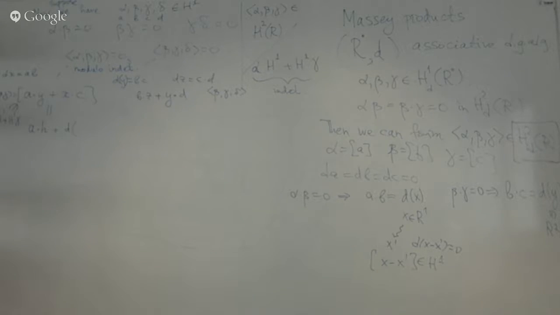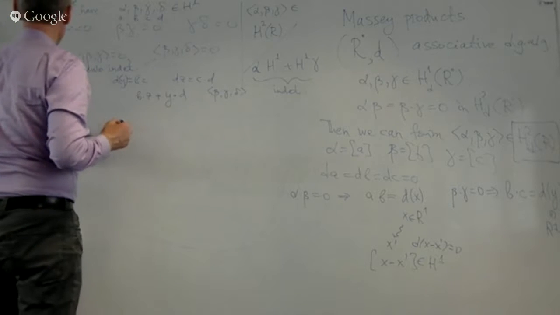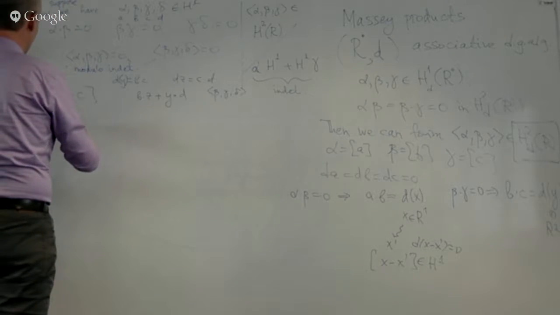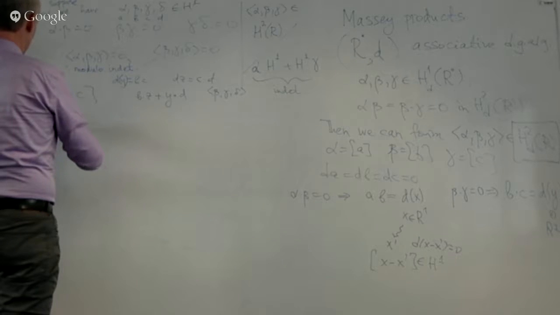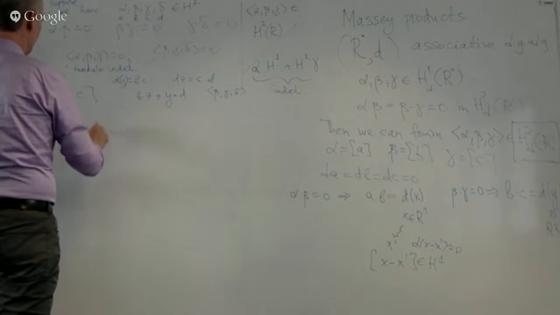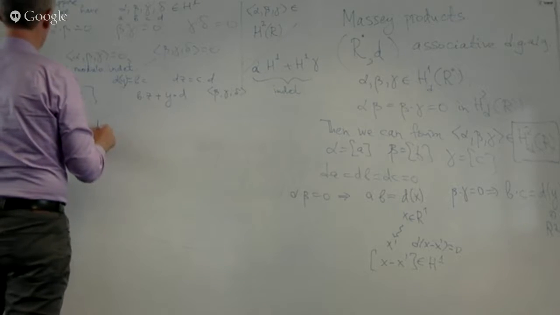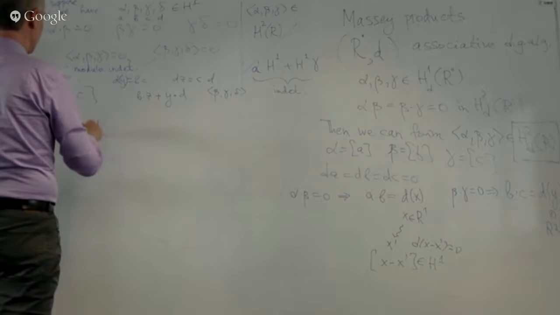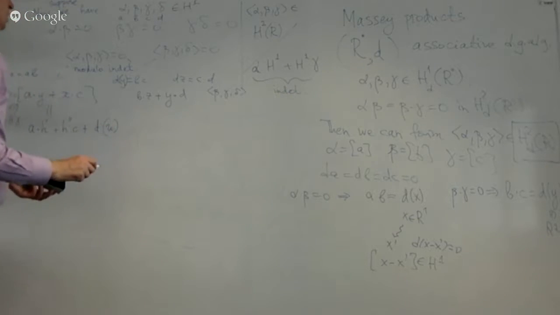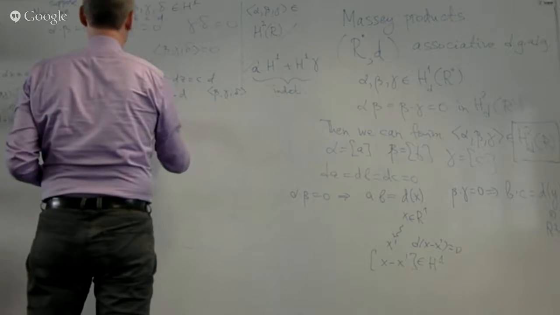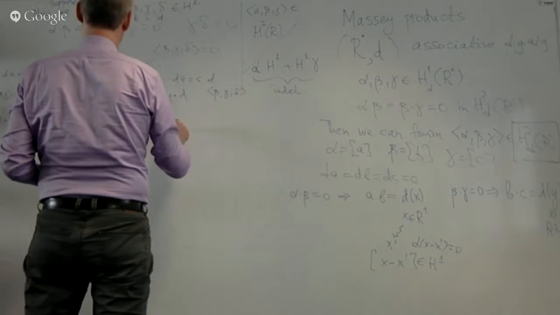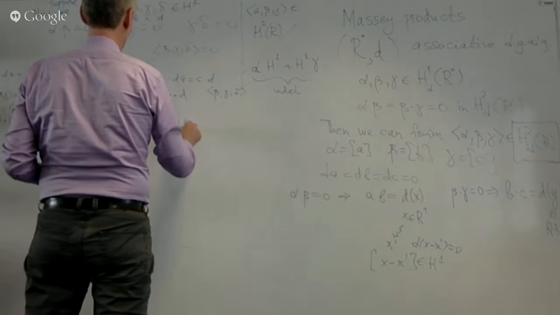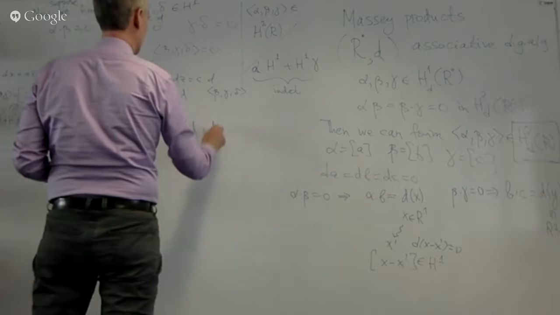Sorry, suppose it's equal to A H prime plus H second times gamma plus d of some element U. And this is equal to d times K prime plus K second times D plus d of some element V.